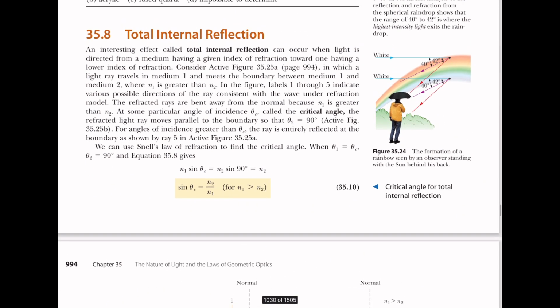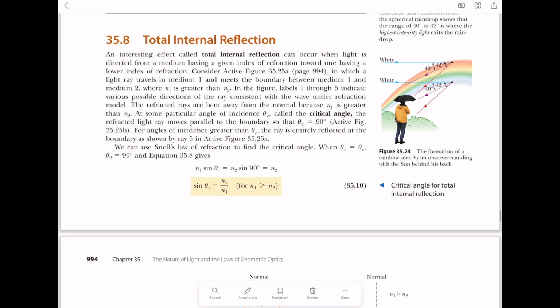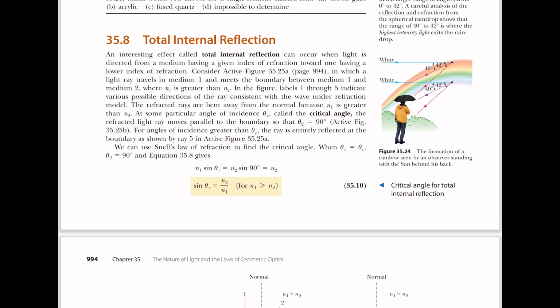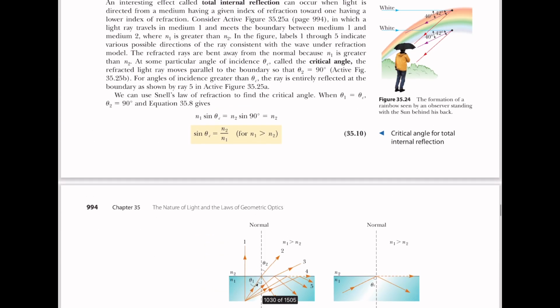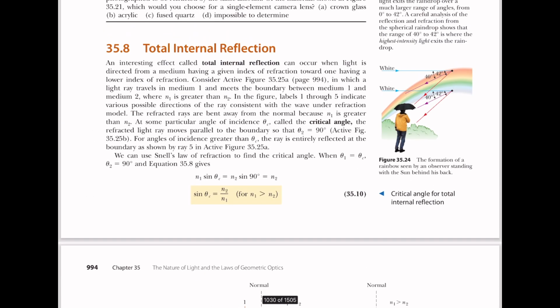Okay. For angles of incidence greater than theta C, the critical angle, the ray is entirely reflected at the boundary as shown by ray 5 in active figure 35.25a. Okay. We can use Snell's law of refraction to find the critical angle when theta 1 equals, okay, some equations.